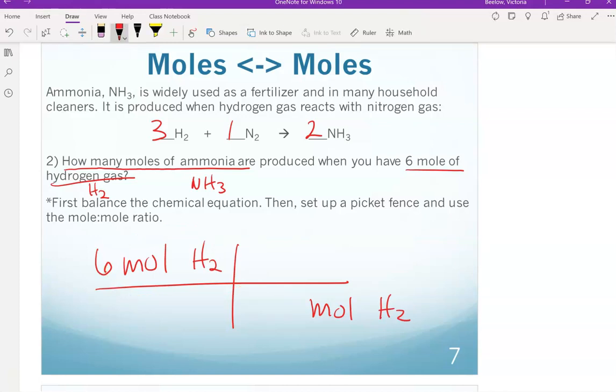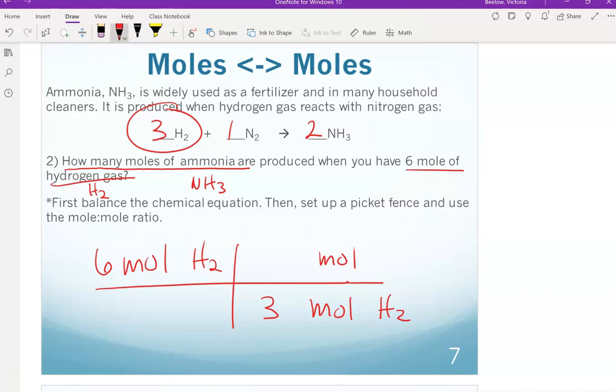So moles of H2. Where do I get that number that goes here? It's going to come from the balanced chemical equation. So 3 moles of H2. The number that goes above it should also come from the chemical equation. So moles and the substance that goes here, that's whatever substance you're trying to convert into.